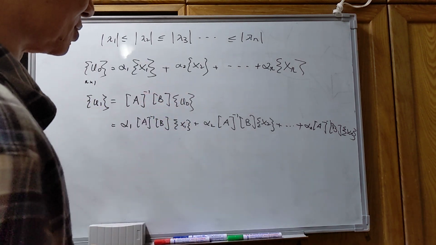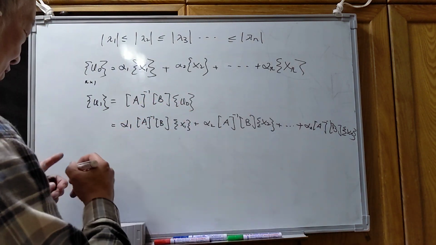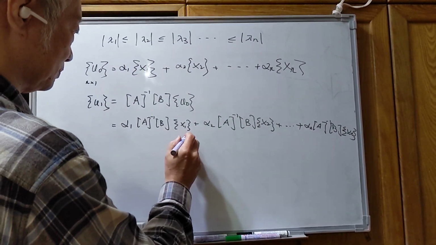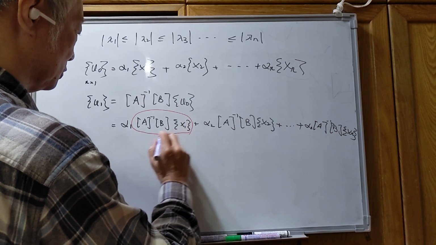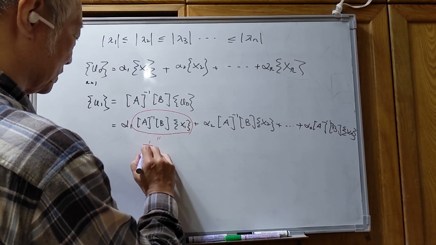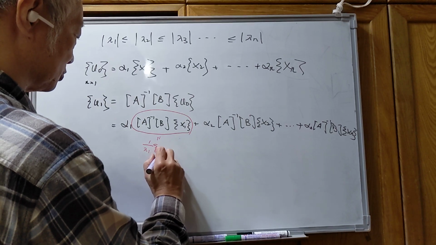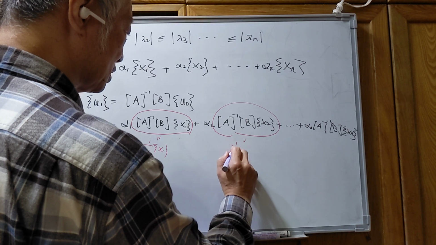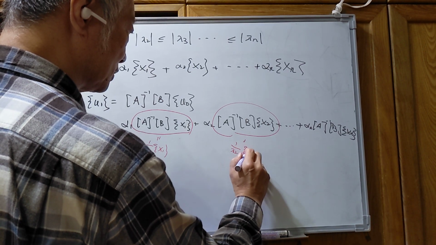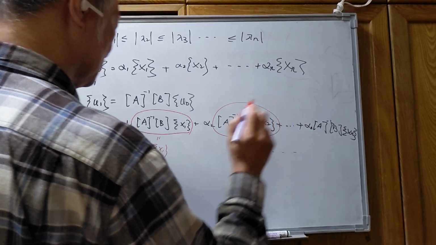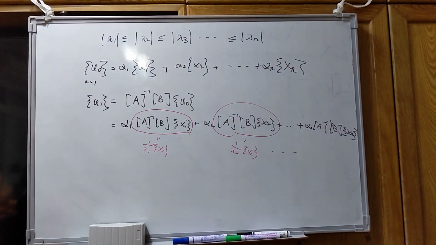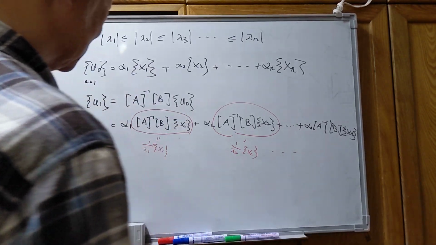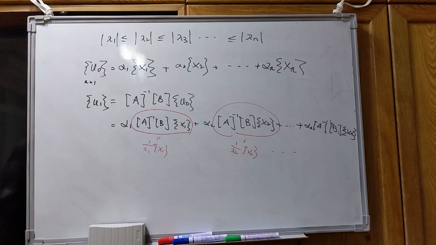And from the previous derivations for these equations, A inverse B x1 will be equal to 1 divided by lambda 1 x1, and this one, 1 divided by lambda 2 x2. Okay, so this one will be equal to this one, and then we can take out the lambda 1.